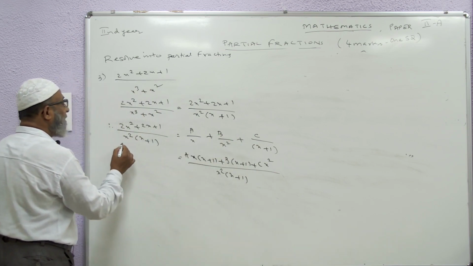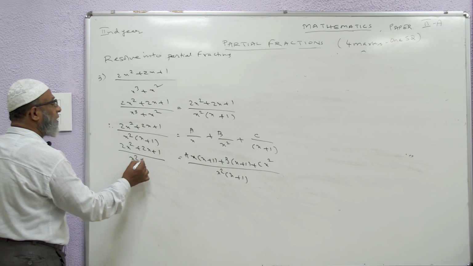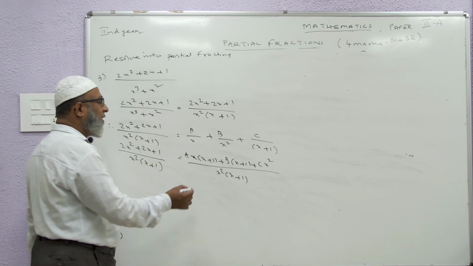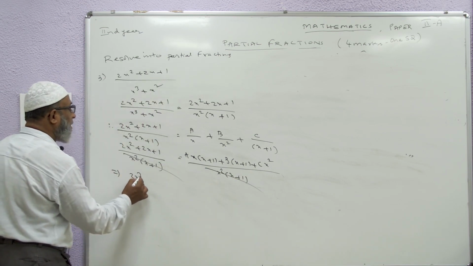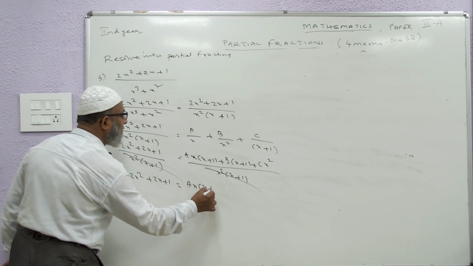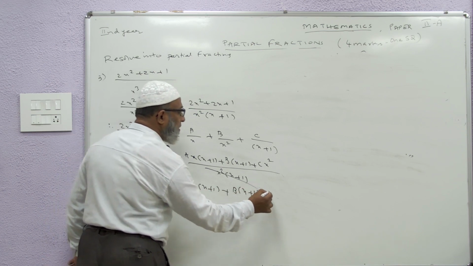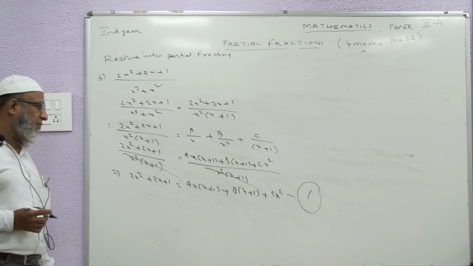And on the left hand side, I have (2x square plus 2x plus 1) divided by x square into (x plus 1). If I see the denominator, both are equivalent, I can cancel this. So what remains? 2x square plus 2x plus 1 is equal to ax into (x plus 1) plus b into (x plus 1) plus c into x square. This is my equation 1.